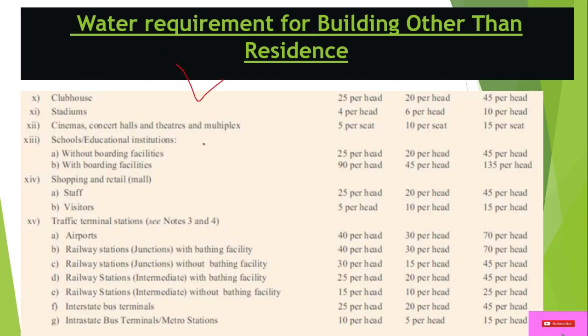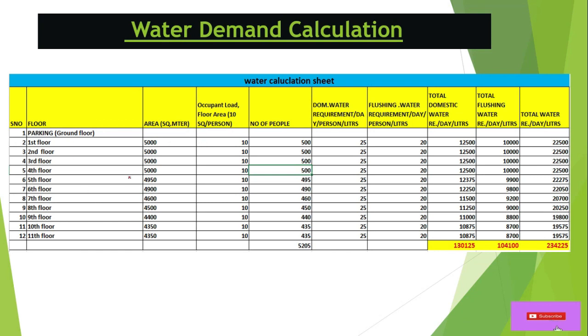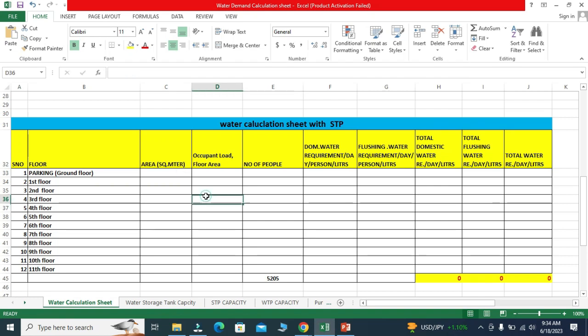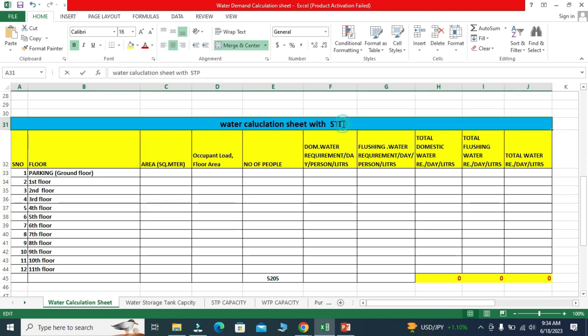Now let's calculate the water demand using the sheet. Now let's move to the sheet. So here we have the water calculation sheet. This is the IT office building.